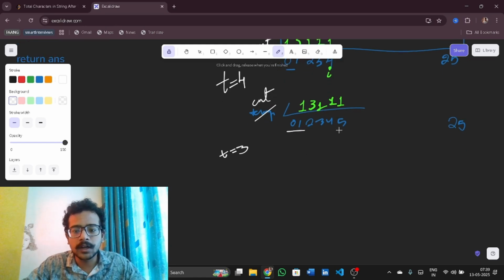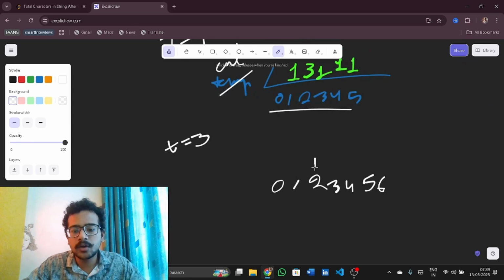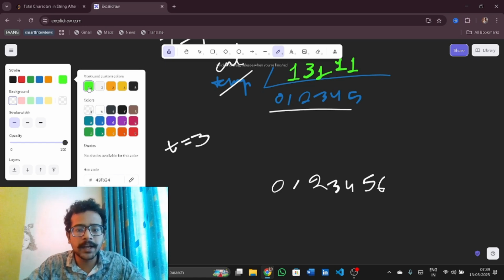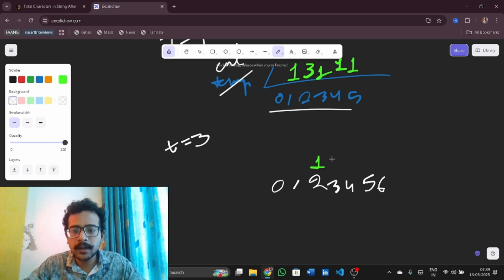Then again, 0 1 2 3 4 5 and then 6. Then at this point 2 will be getting 1, 3 will be getting 3, and then 1 and then 1 and then 1.